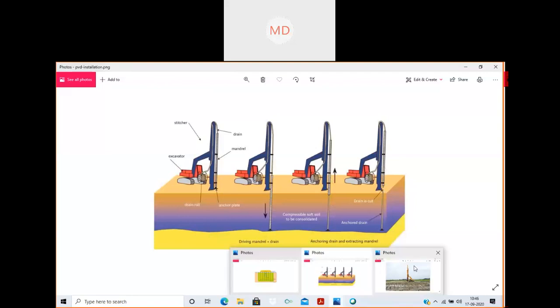Then after the installation work is over, this is the third image I am showing. After the installation work is over, the site will look something like this. See these things that are coming out, these are the vertical drains that were inserted with the help of this machine.